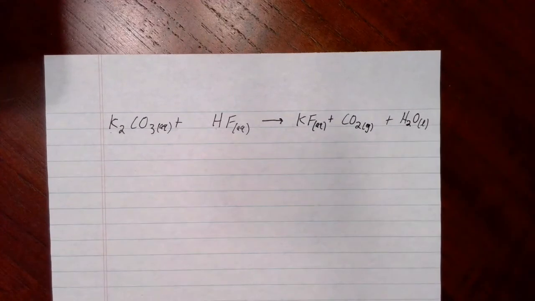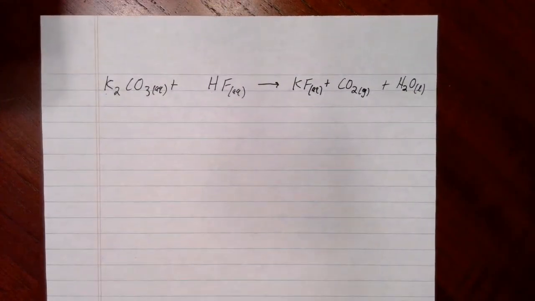So this is technically a double replacement reaction, but you'll recognize it doesn't quite follow the typical form. For now, just be aware this type of reaction exists. We will see this more in the spring when we look at acid-base reactions, so don't worry about these too much for now. Just be aware that they exist.